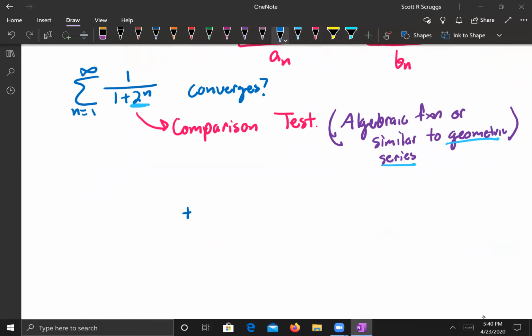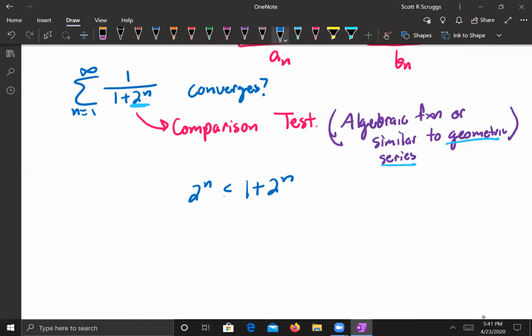So let's show why I can do direct comparison. Two to the nth power is a positive number. Adding a positive number to another positive number will give me that inequality, regardless.